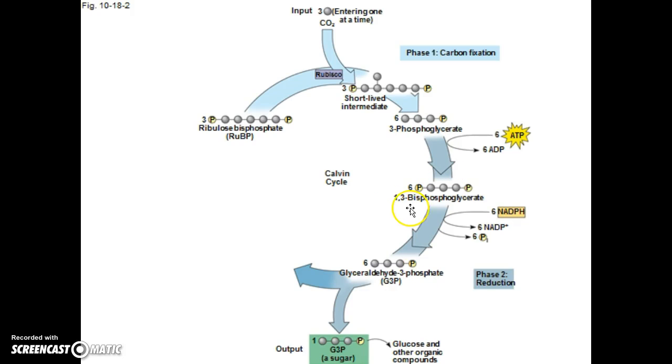This forms 1,3-bisphosphoglycerate. Once again, the 1 and the 3 refers to the positions of the bonds between these carbons and where they're actually bonded to. Thinking back to the glycosidic linkages, there was a 1,4 glycosidic linkage, and that referred to the position that a bond was held to between carbons, and this would be the same type of deal.